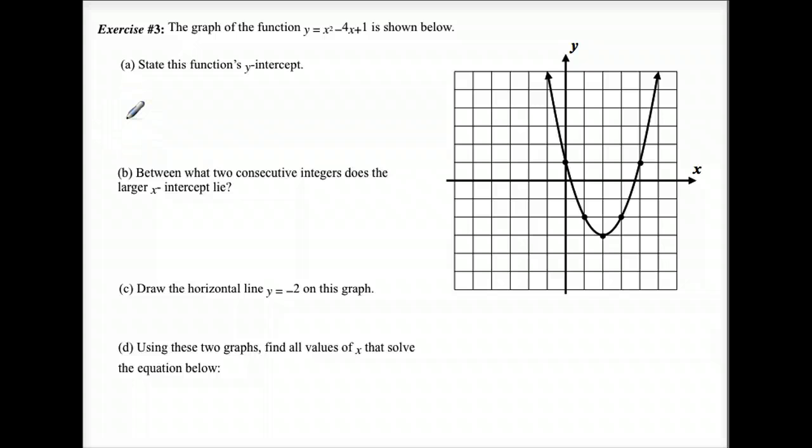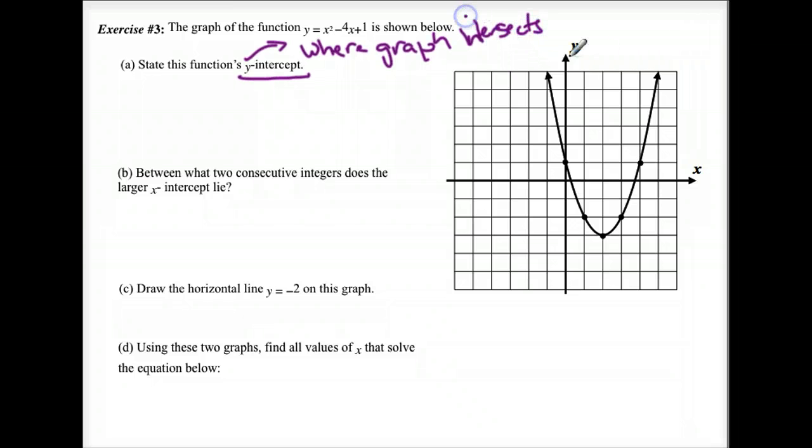Let's look at graph number 3. The graph of the function y equals x squared minus 4x plus 1 is shown below. State the y-intercept. So really quick vocab: y-intercept is where the graph intersects the y-axis.